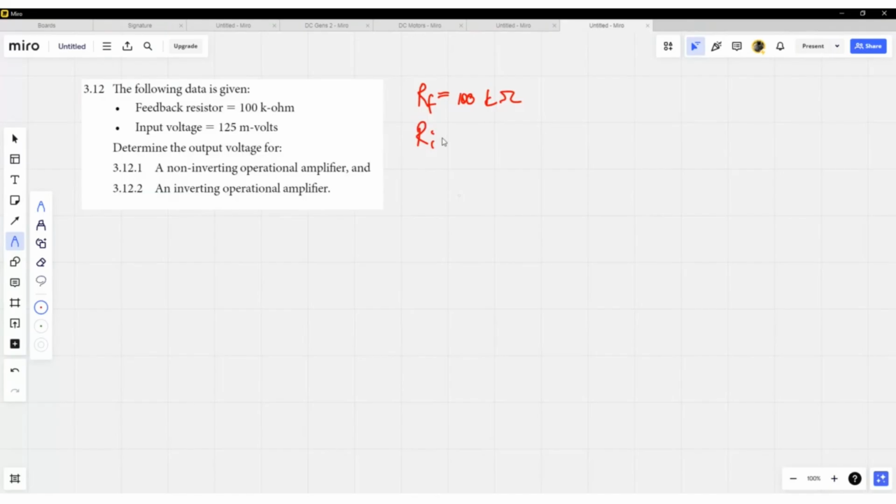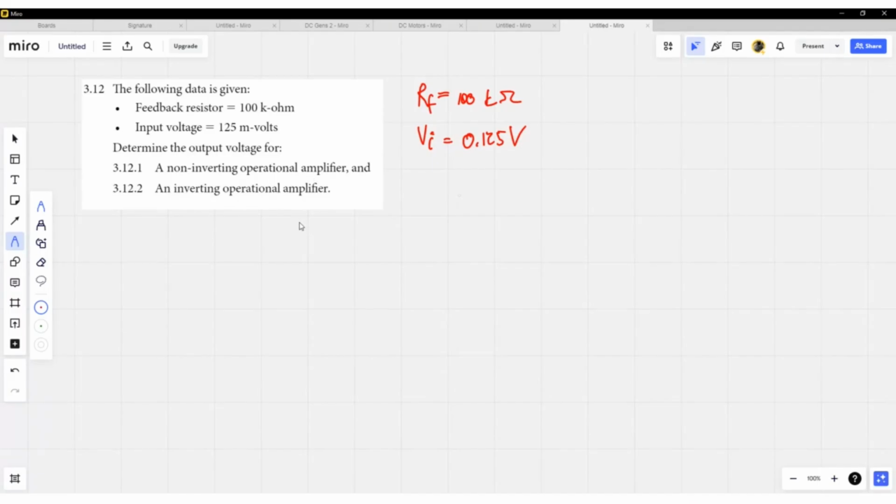The input voltage signal, shoot, I thought it was resistance, is given to us as 125 millivolts or 0.125 volts. We need to determine what the output voltage is going to be for a non-inverting op amp and an inverting op amp.